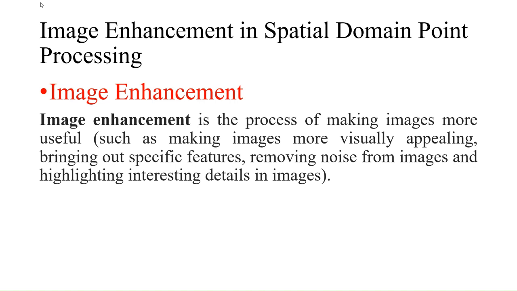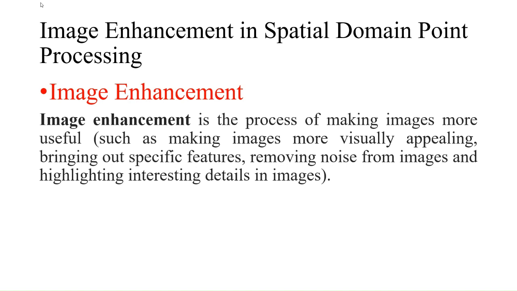We are recreating that image by giving brightness or removing noise from the data. Noise is nothing but unwanted disturbance or unwanted things that we are removing from that image.